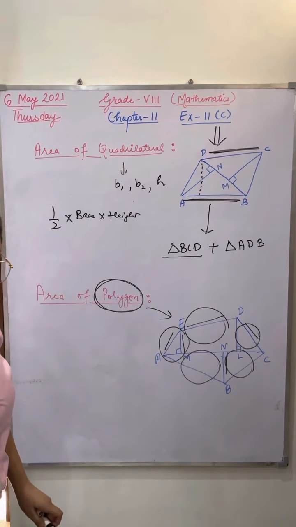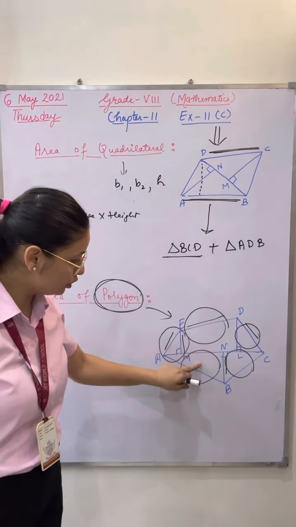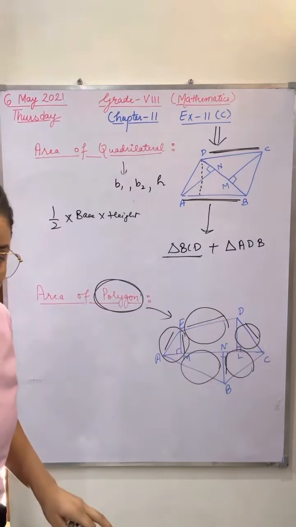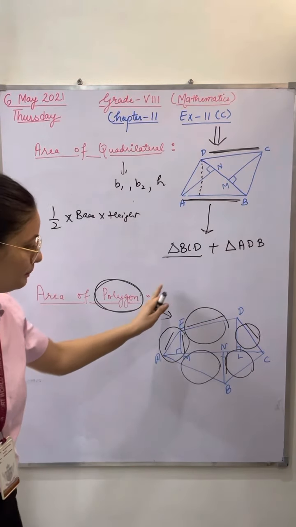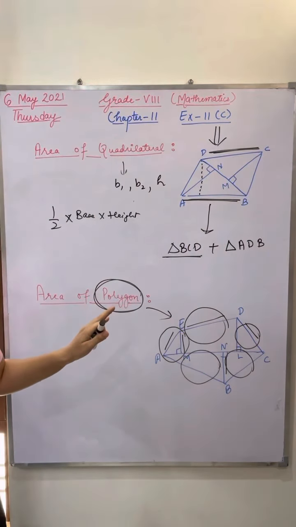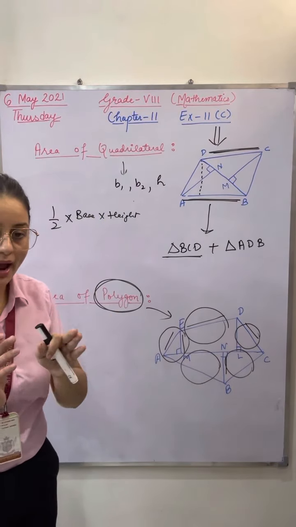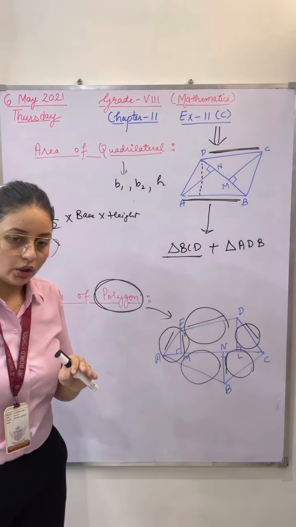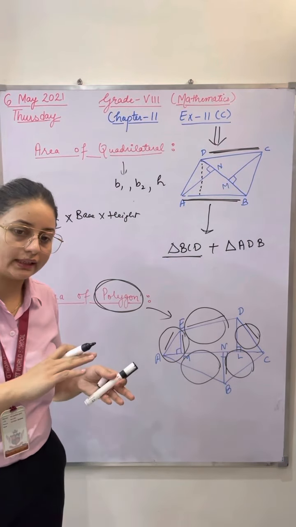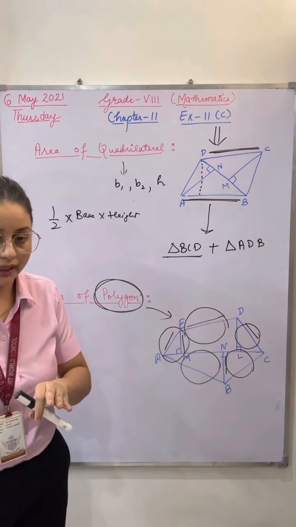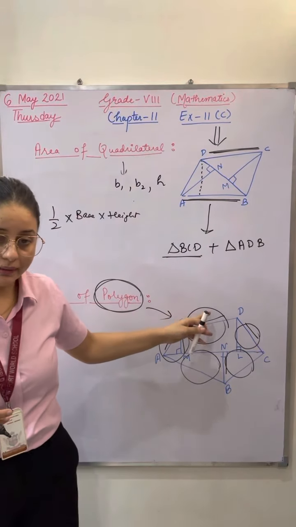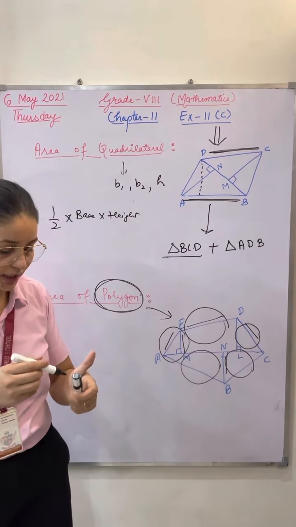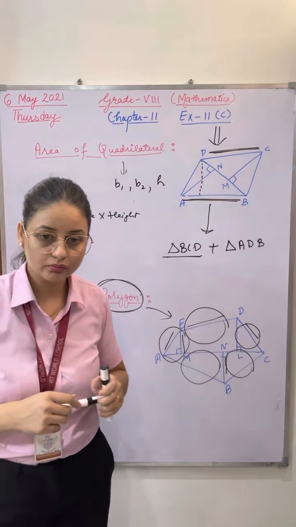So you have to add the area of 4 triangles plus the area of the trapezium. Then you will get the complete area of the polygon. So in this exercise, you have to add the areas of 2 triangles, 2 squares, 1 rectangle or 1 trapezium, depending upon the shape and whatever is given to you.